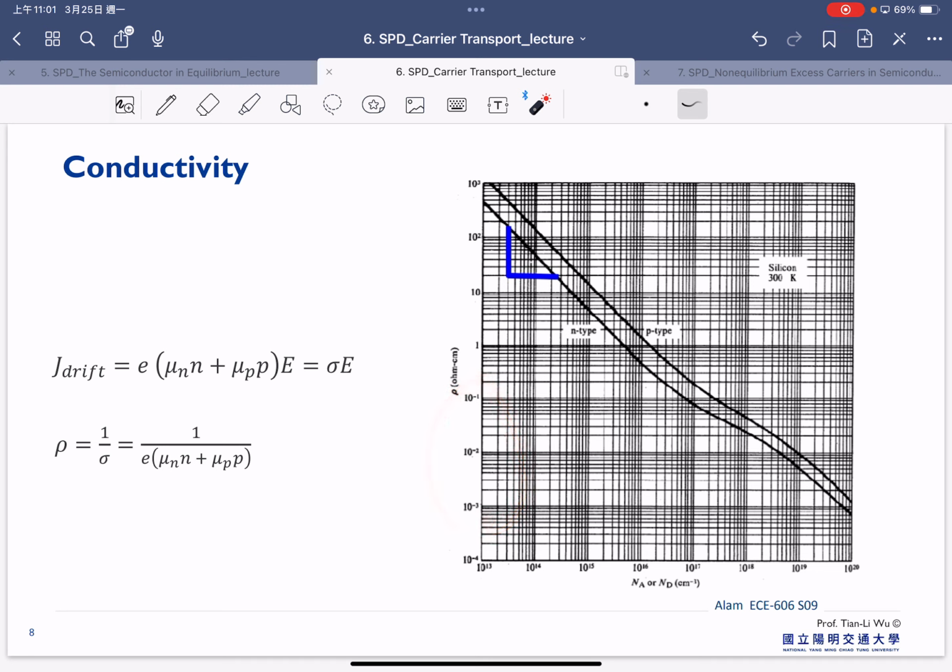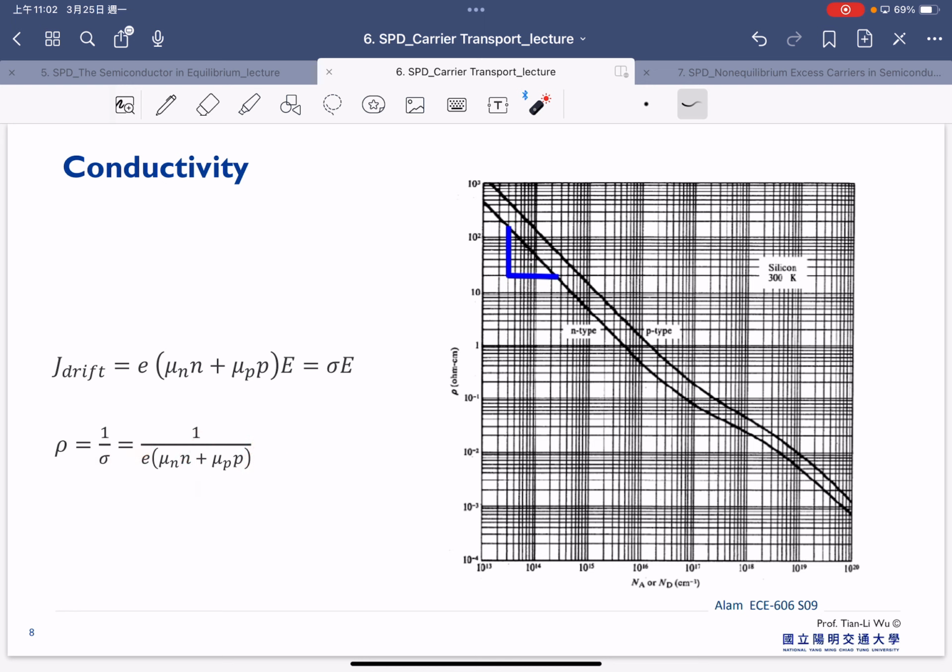I think this is pretty much common sense, but now we have a nice proof using this equation. It also tells us that as long as we have a higher concentration, we always have higher conductivity and lower resistivity here.